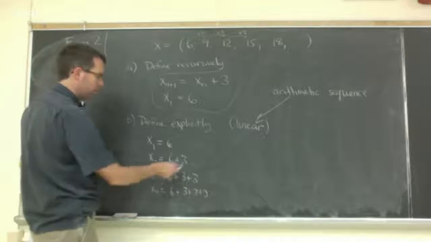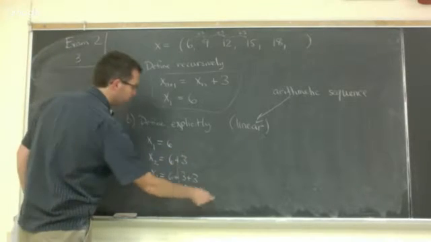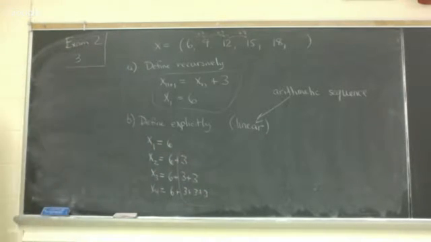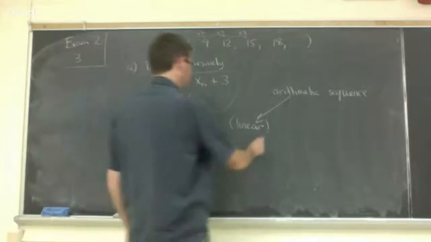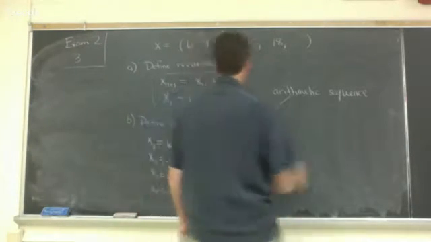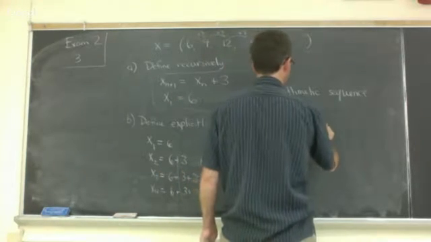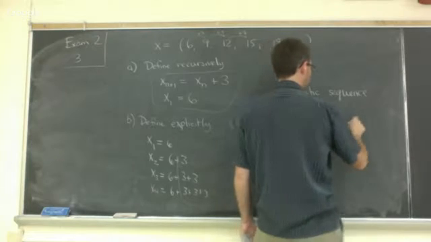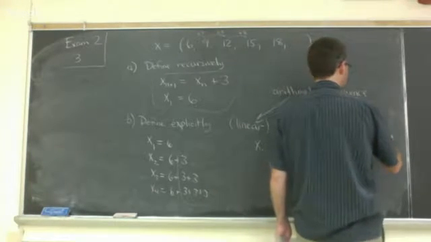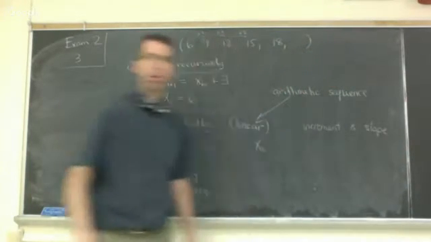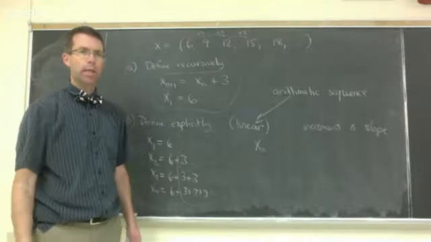And so there's a pattern that's showing up. I'm adding up some number of 3s. And my increment is the slope. And so I'm looking for an equation of a line that has slope 3.